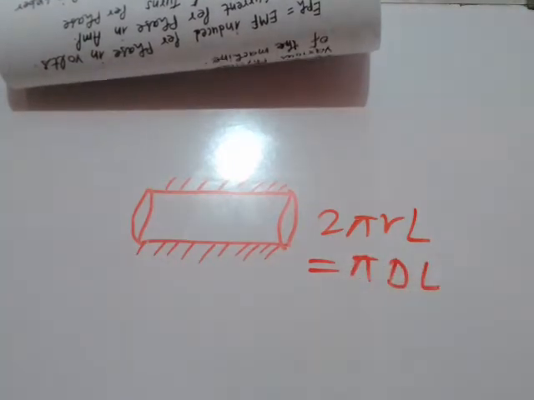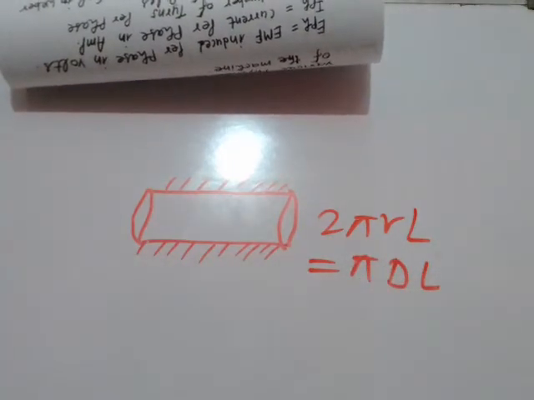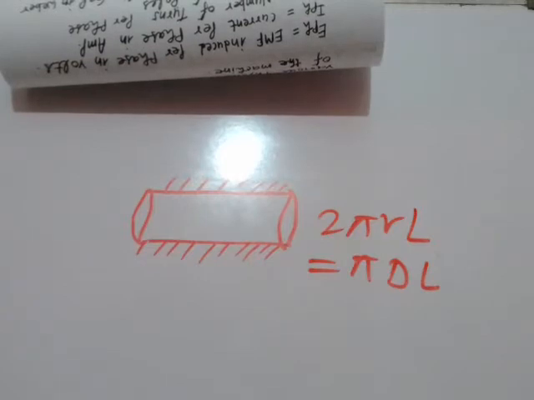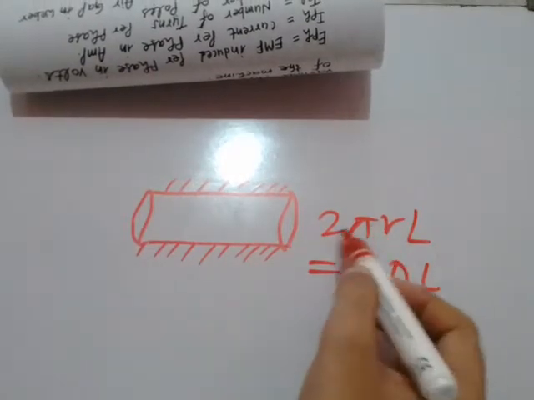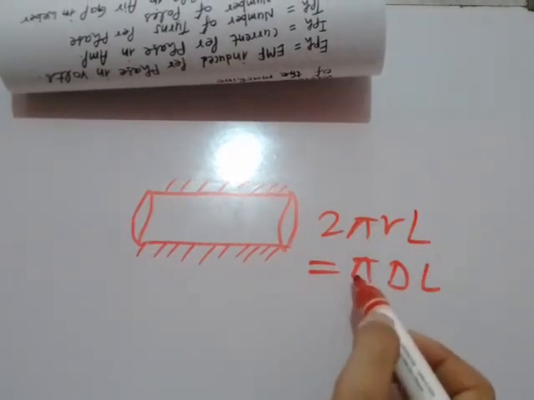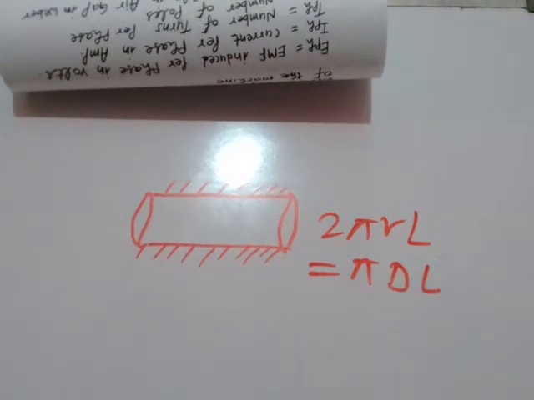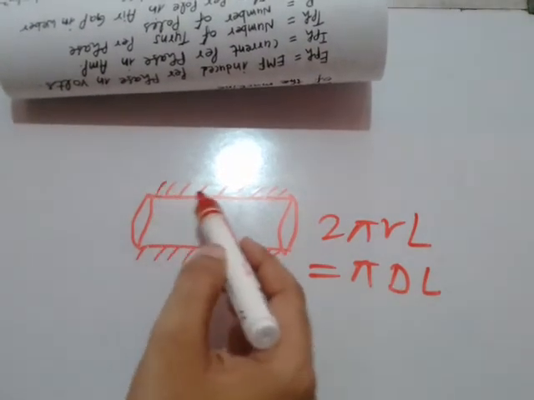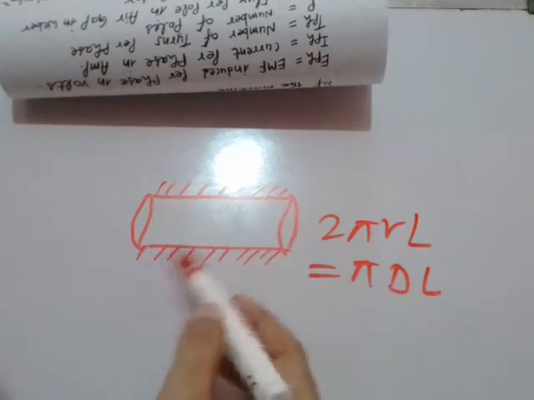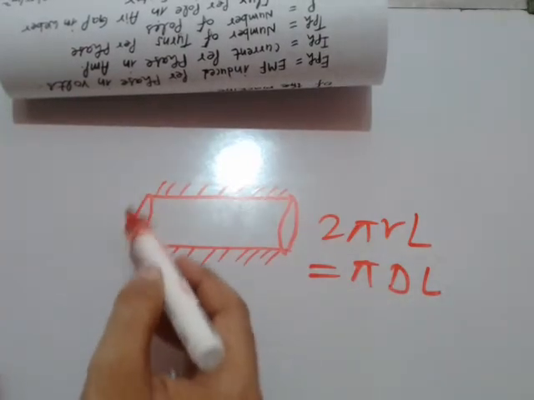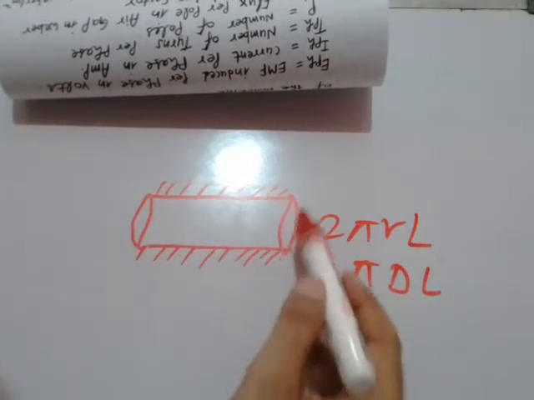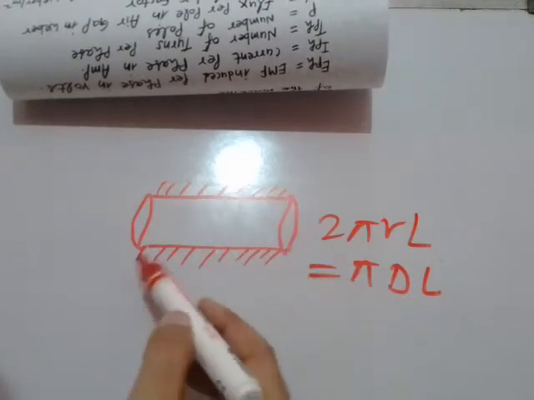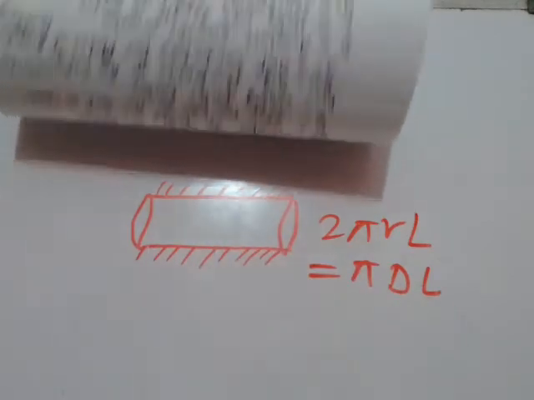D is the diameter, twice the radius, so 2R is D and it becomes pi DL, right? So you have to take this hashed area, and not this other area. This area is different. This is pi DL, right?